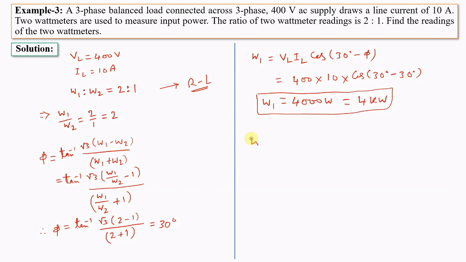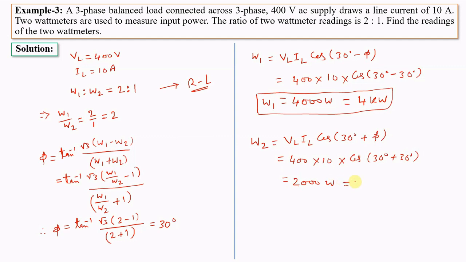Similarly, for RL load, the second wattmeter reading is given by VL IL cos(30 + phi). So it is 400 into 10 into cos(30 + 30), and after solving we will get the value of W2 as 2000 watt, or it can be written as 2 kilowatt.